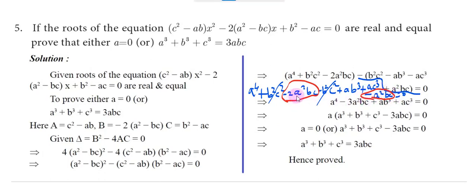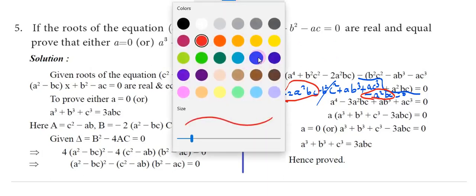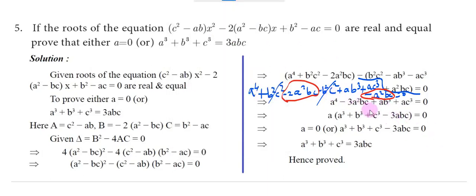Minus 2 minus 1, this is minus 3, so minus 3 a square bc. Then write the remaining terms as they are, so plus ab cube plus ac cube. Understood?